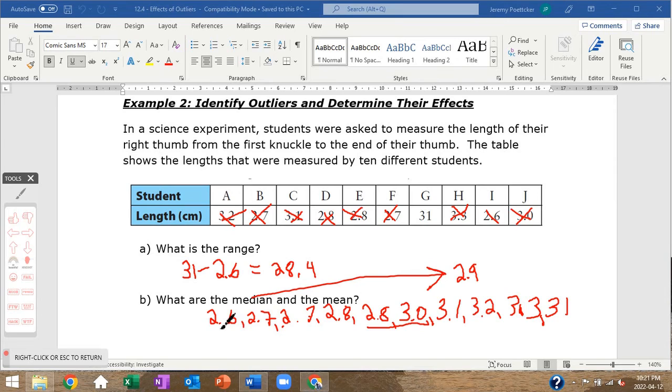There were 10 numbers here, so I divide that by 10. And my mean is 5.72.